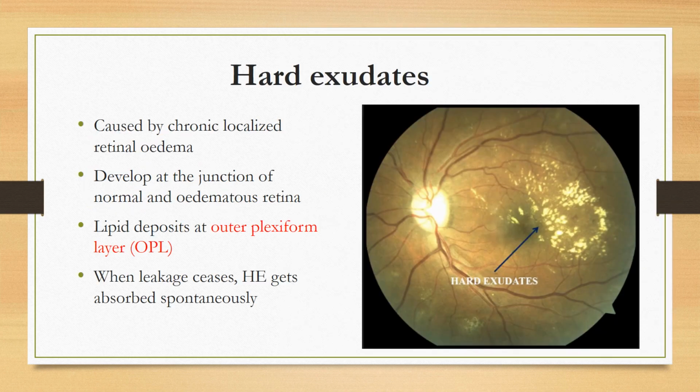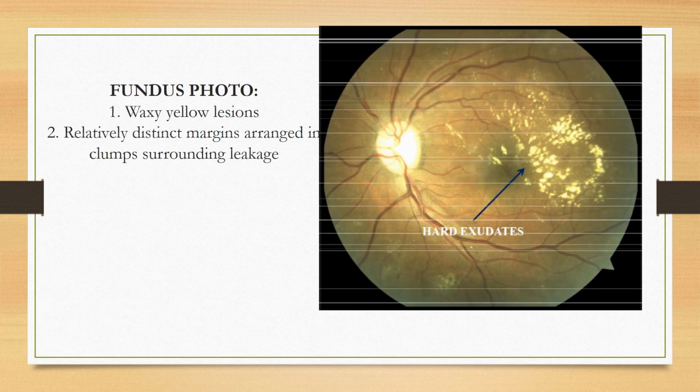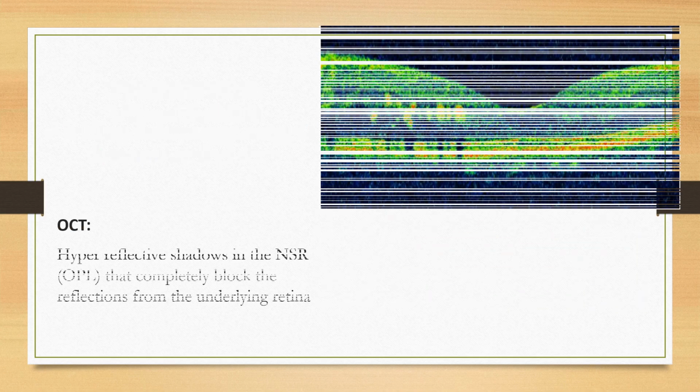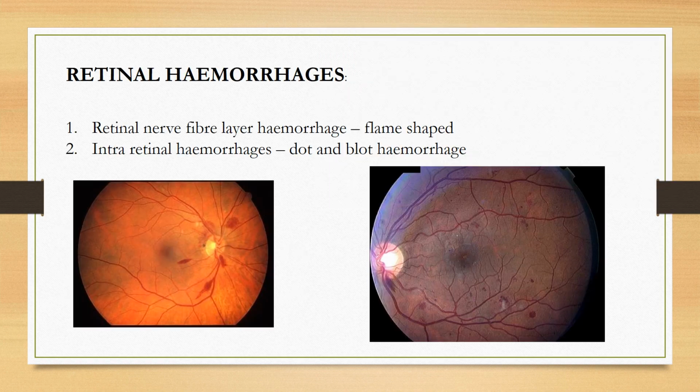Then we discussed hard exudates, which are due to leakage of lipids and give a waxy appearance in the fundus. This is an OCT image of the hyperreflective shadow of exudates.